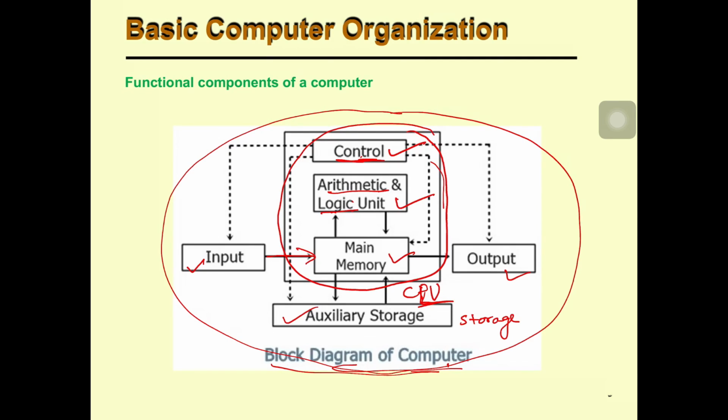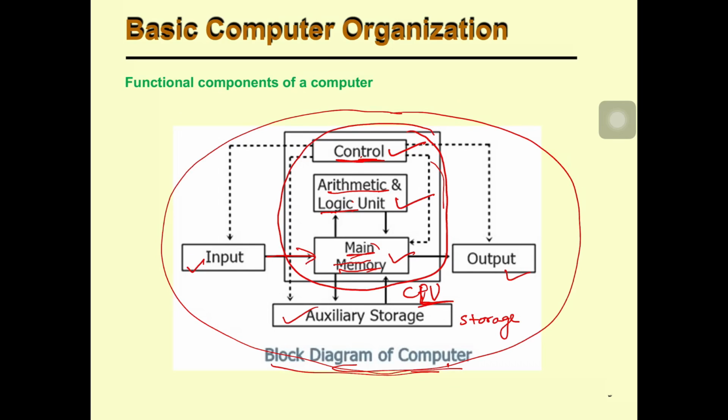The intermediate data at the time of operation resides in the main memory. So main memory works as the platform during the processing. It works as a platform for the input, or we can say for the data, during the processing.